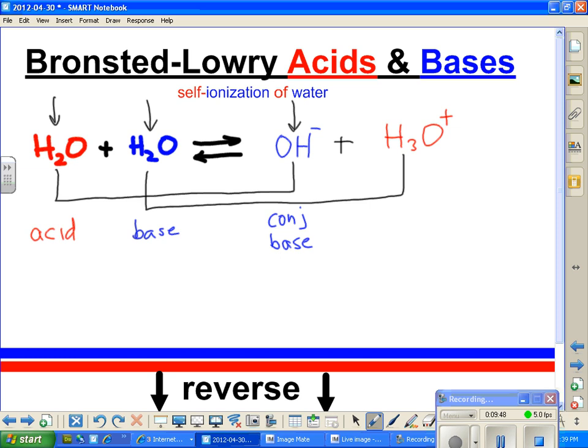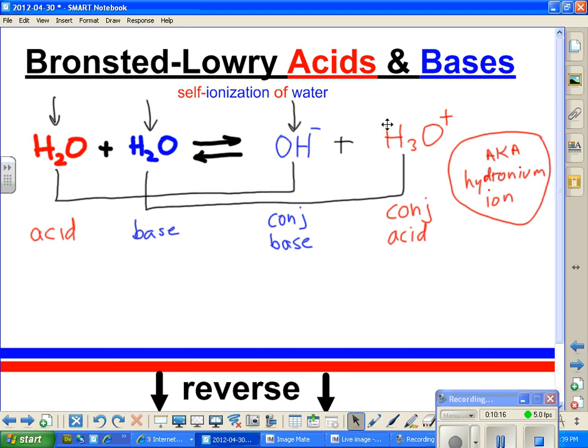And let's see why these charges show up. But first of all, let's label it. This is our conjugate acid, and H3O is also known as hydronium. Hydronium ion. This is what actually exists in the water.